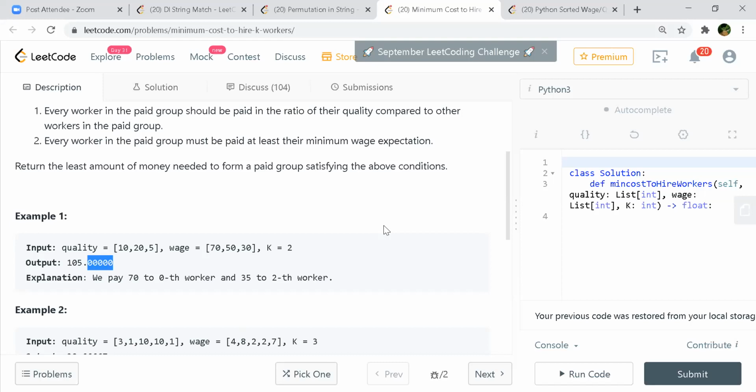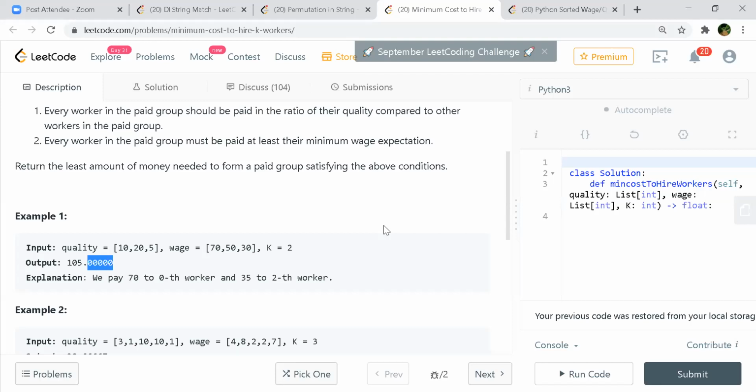Whatever you pay to the 0th, you have to pay half of it to the second one. So if the 0th worker is paid 70, then the other one will be paid half of 70, which is 35.